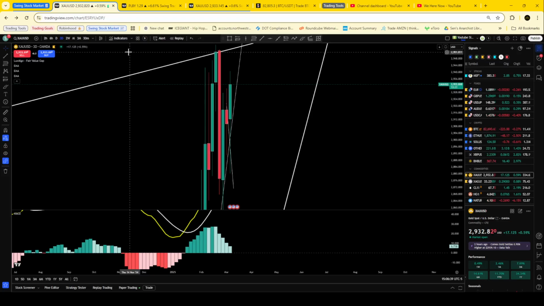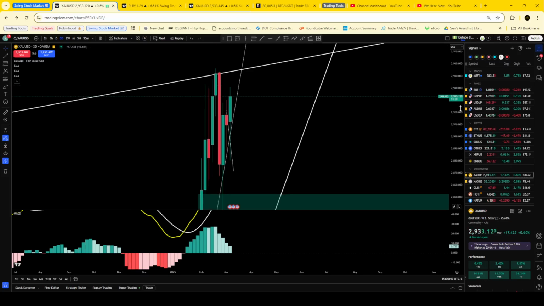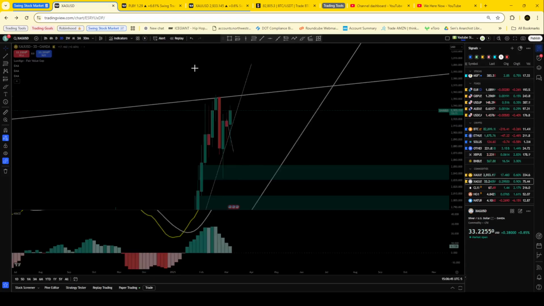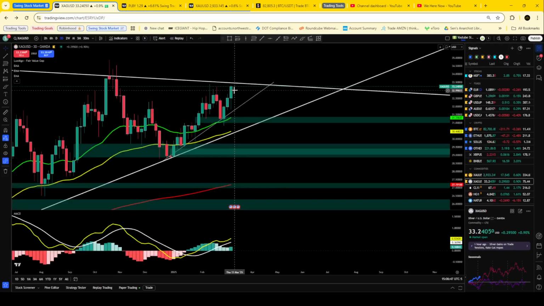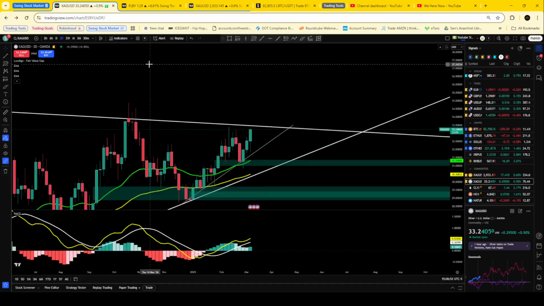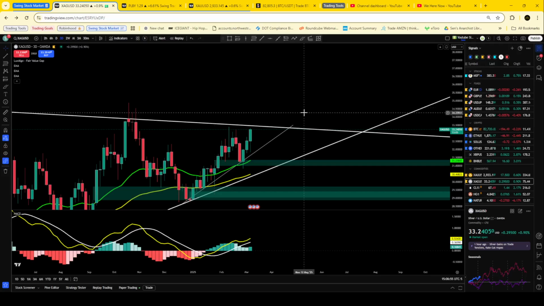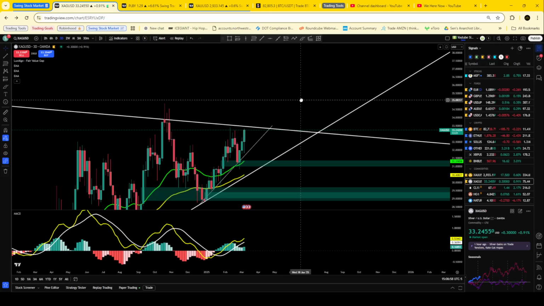Let's look at silver. Now, I believe silver already has the three white soldiers. Yes. Silver will be a great trade to get in.